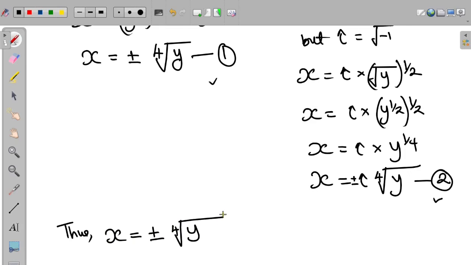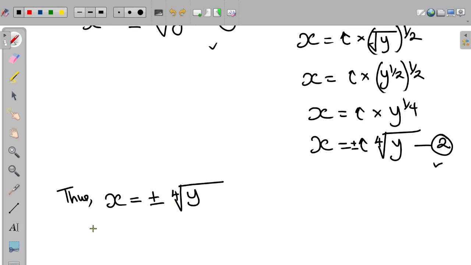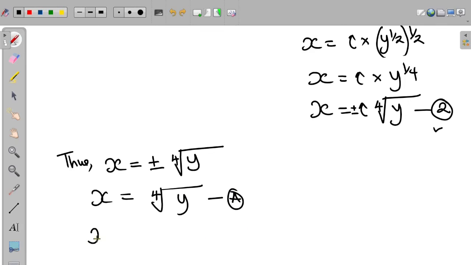So this can be written as x equal to 4th root of y. Let's call here equation A, and x equal to minus 4th root of y. So let's call here equation B.